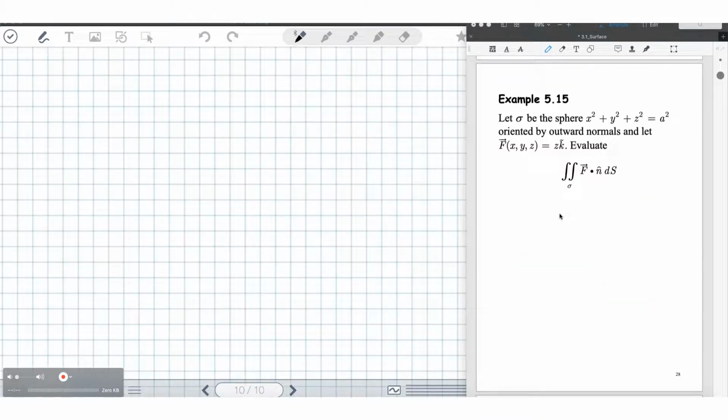Okay, so the next is example 5.15. Let the surface be the sphere with radius a.